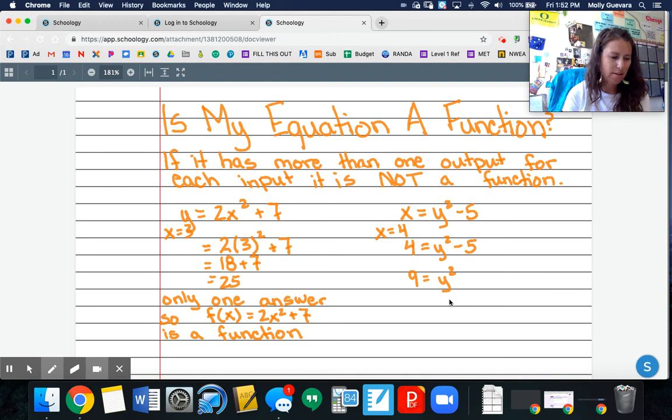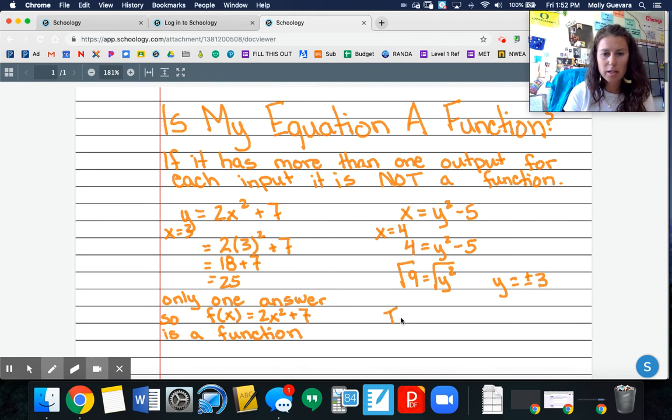Right? So take the square root, and I get y is equal to, and when you solve by taking the square root, you cannot forget your plus or minus. So I get y is equal to plus or minus 3. So either positive 3 or negative 3. So if x is 4, I actually get two outputs, either positive 3 or negative 3.